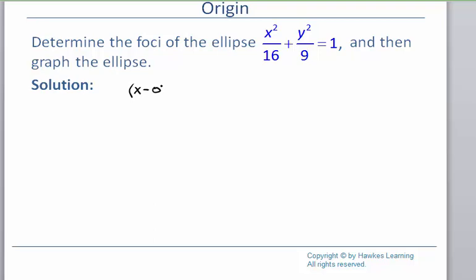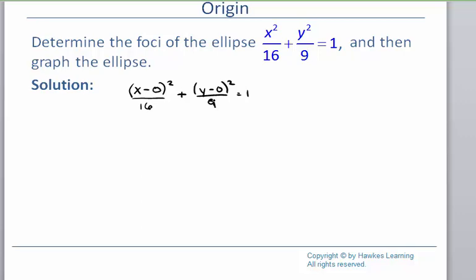So I'm just going to write this in an unsimplified form so we can see it a little bit better. And so what you want to realize is that if there's not a number subtracted off on the x and the y parentheses, that number had to have been 0.